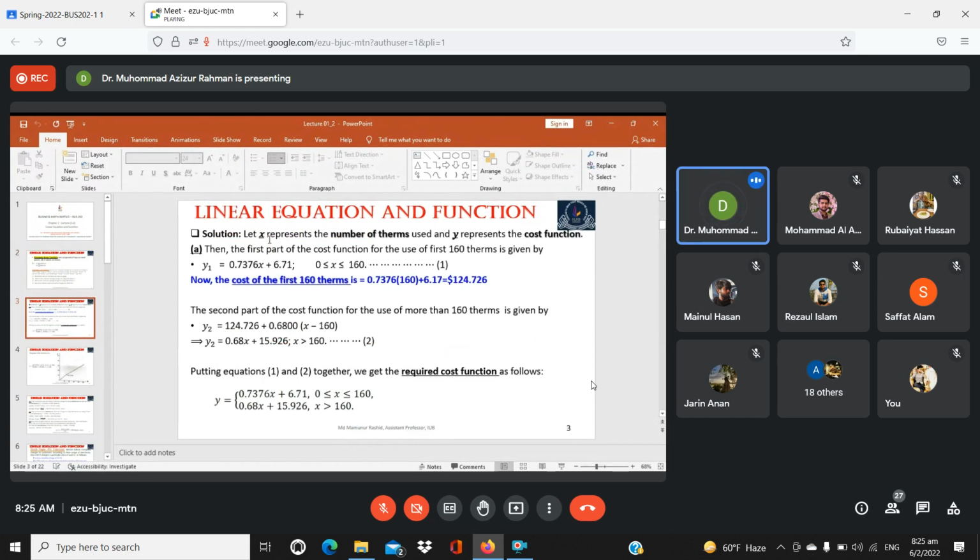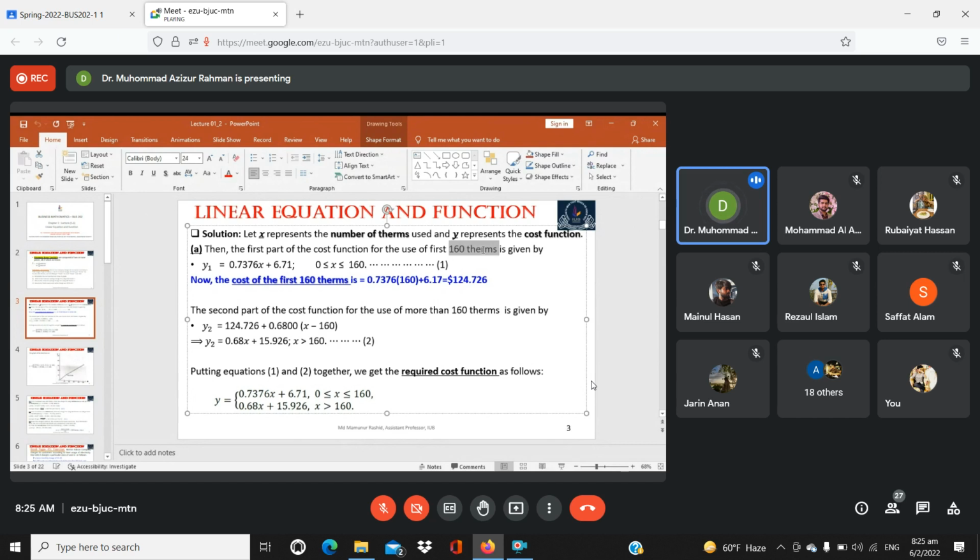Let x be the number of therms and y be the cost. Y represents the cost function. According to the condition given, the first part of the cost function is for using 160 therms.